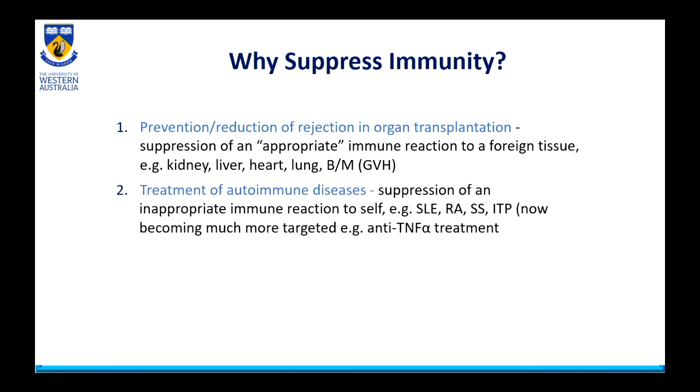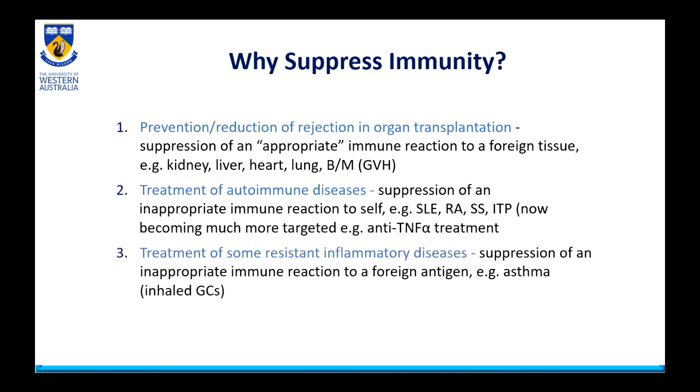Treatment of autoimmune diseases, leading on from what we talked about yesterday. So you want to suppress an inappropriate immune response to self. Examples are systemic lupus, SLE, systemic lupus erythematosus, rheumatoid arthritis, systemic sclerosis, etc. And it's now becoming a lot more targeted. So the approach is more targeted, and we talked a bit about anti-TNF alpha and anti-IL-6 therapies yesterday.